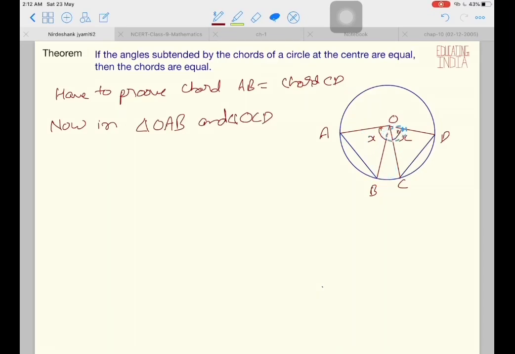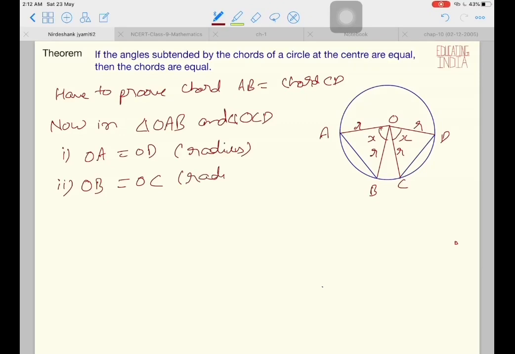OB is also a radius, OD is also a radius, and OC is also a radius. So this is R, this is R, this is R, and this is R. First, OA is equal to OD, both are radius. Second, OB is equal to OC, also radius. And the angle in front of the third side, angle AOB, is equal to angle COD. It is given in the statement of the theorem.